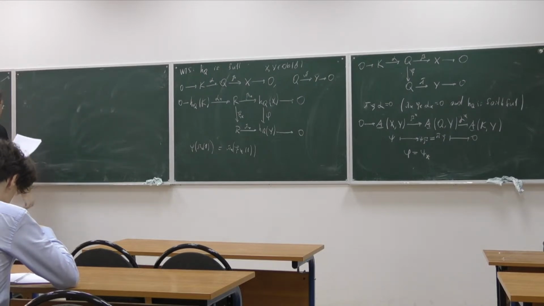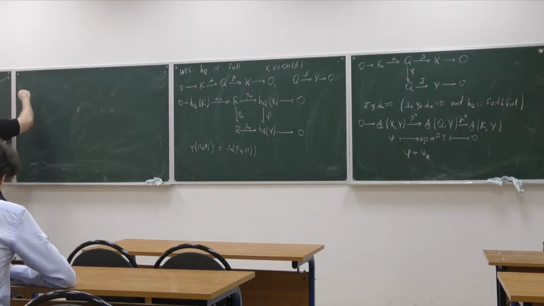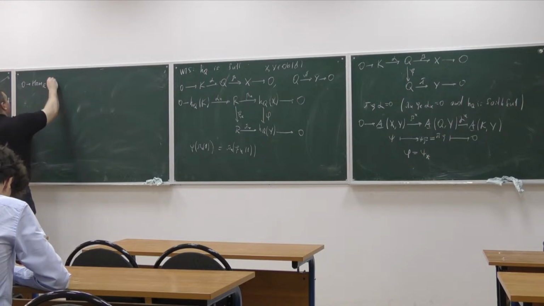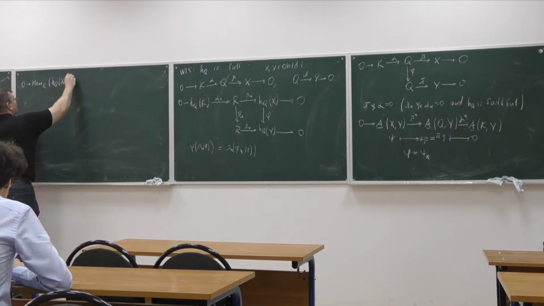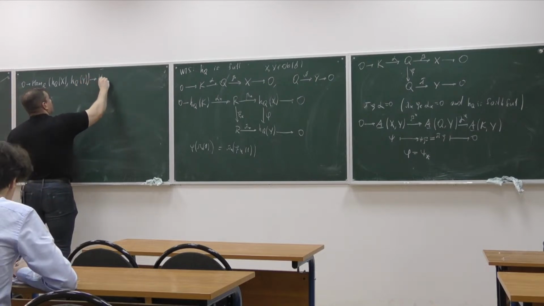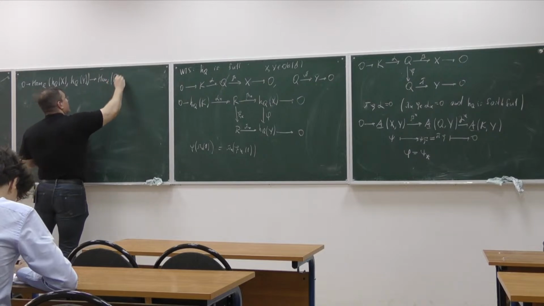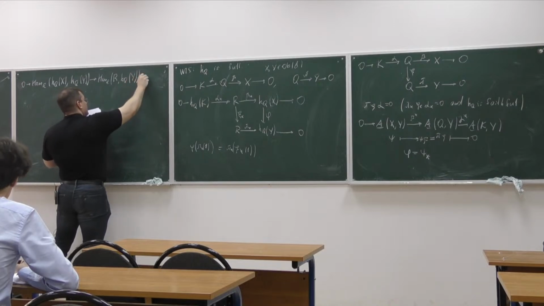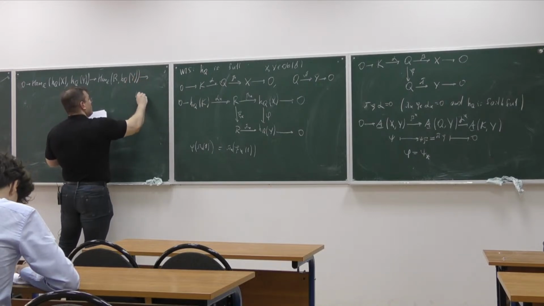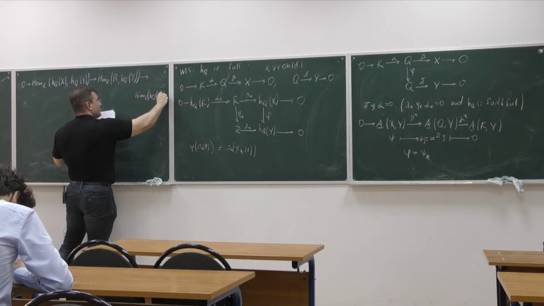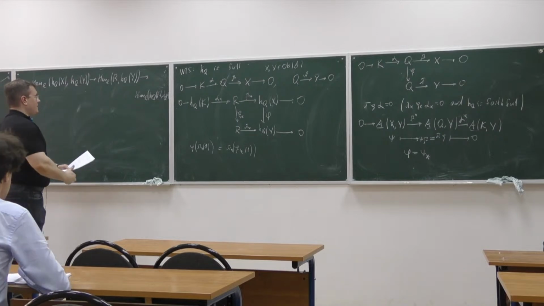So this follows immediately from another short exact sequence. 0, Hom over R, H sub q of X, H sub q of Y, Hom over R, R, H sub q of Y, and finally Hom over R, H sub q K, H sub q of Y. The logic is the same.